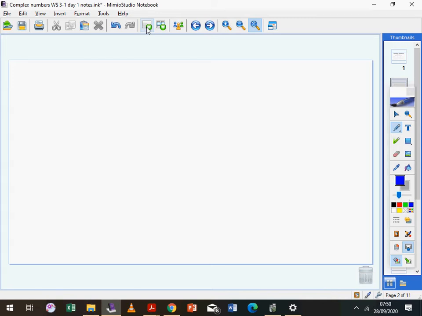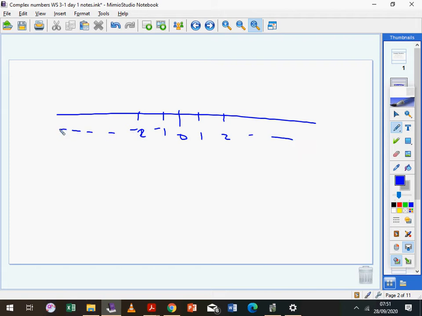Because if you look at all the real numbers in a number line, all of these numbers obey this function, f of x is equal to x squared. So if I get any input from any of these numbers and put it in this function, they obey it.